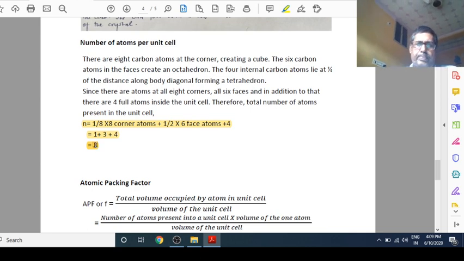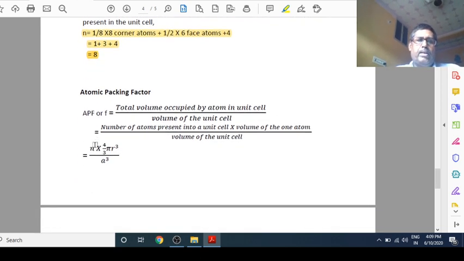Okay, number of atoms per unit cell. If we try to find the atomic packing factor, we have to remember the formula: total volume occupied by atoms in the unit cell divided by the volume of the unit cell. Total volume occupied by atoms means first we see how many atoms are present in the unit cell and then we multiply it with the volume of one atom, divided by the volume of the unit cell.